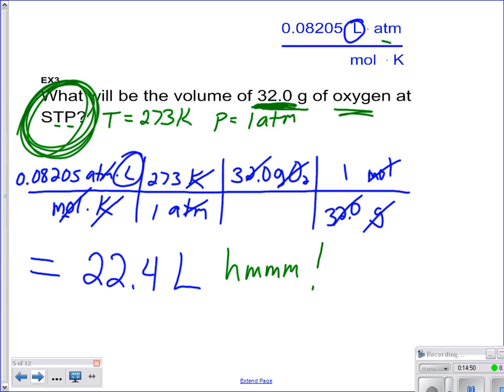So you've got 1 mole of oxygen gas at standard temperature and pressure, well, yeah, 1 mole of any gas is going to have a volume of 22.4 liters. So that's what we end up seeing there. If you ever see STP, you are welcome to use this conversion. Be careful and make sure you're using it in the right situation. But you're welcome to do that. 1 mole of any gas at standard temperature and pressure has a volume of 22.4 liters.